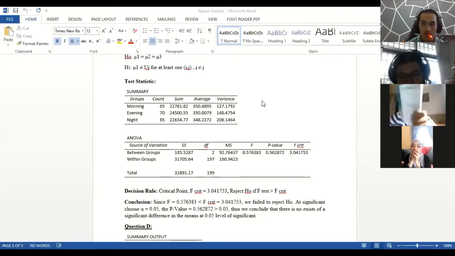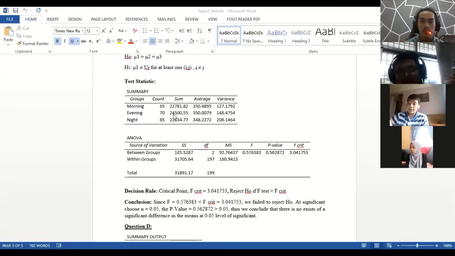For the sum of squares, between group it is the SSTR, and we can calculate it using the formula in the book. For within group, the sum of squares is from SSE.